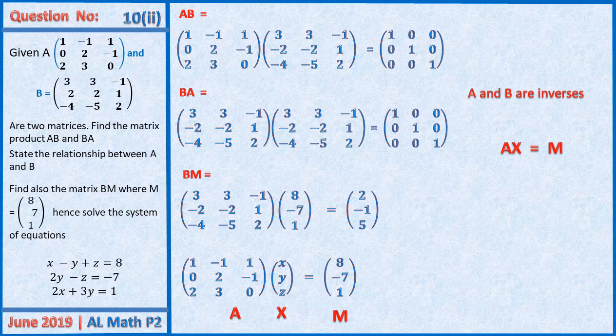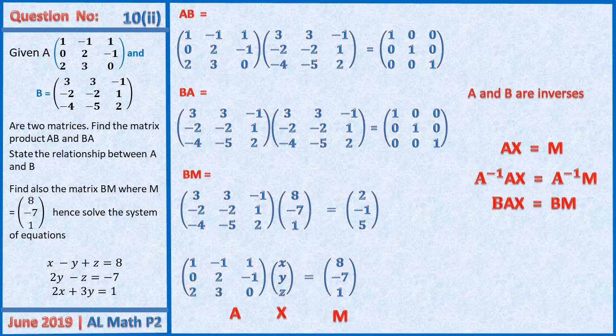Now, for us to solve for m, according to matrix simplification, you know that Ax is equal to m. We pre-multiply both sides by A inverse. We will have A inverse times Ax is equal to A inverse times m. But we know that the inverse of matrix A is B, so I can replace A inverse by B. So BAx is equal to Bm, and BA will give me the identity matrix.